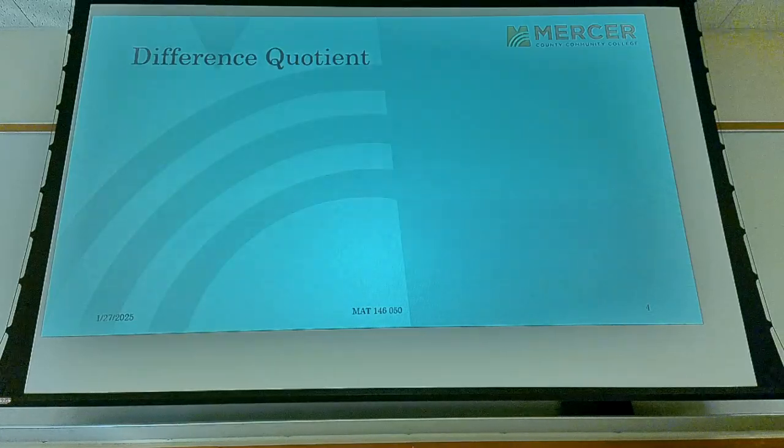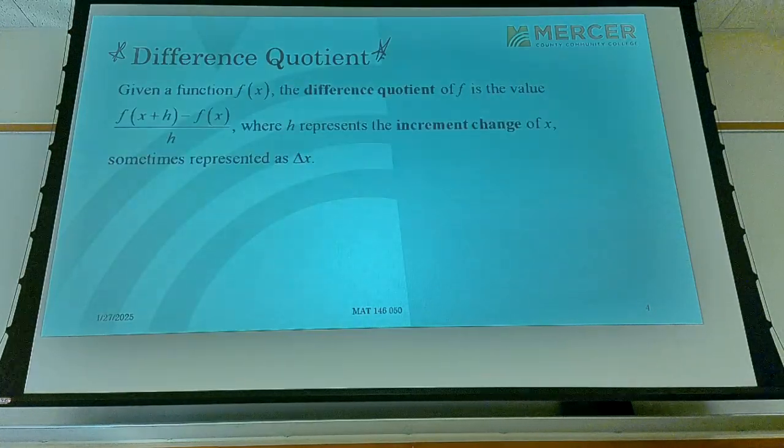This is going to be extremely important in calculus. The difference quotients. If you're given a function f of x, the difference quotient of f is the value f of x plus h minus f of x all over h.